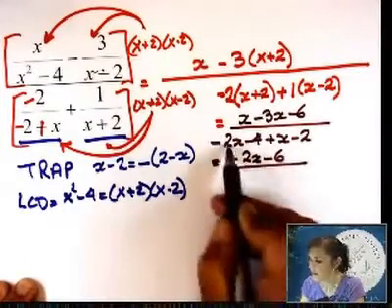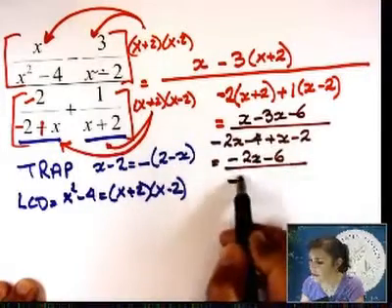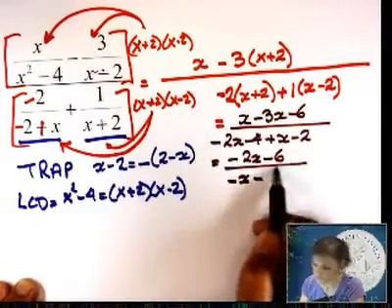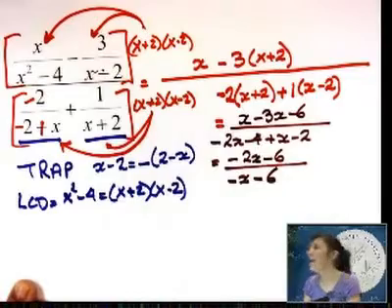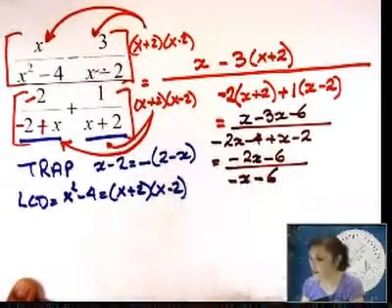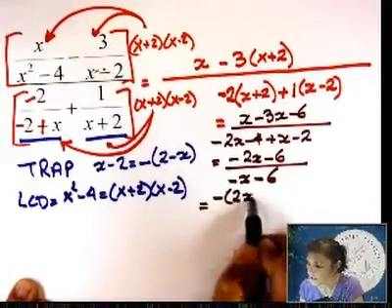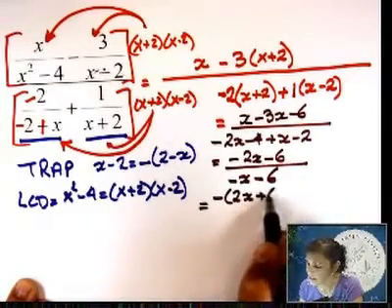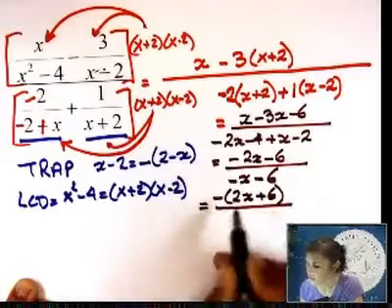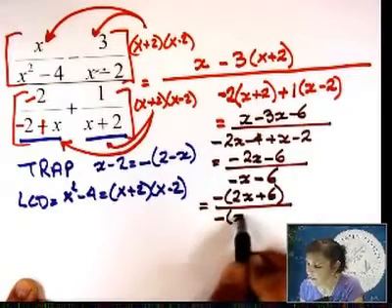And at the bottom, I'm going to have a negative x and negative 6. Guess what? You can actually take those negatives out and watch. 2x plus 6. And here, x plus 6.